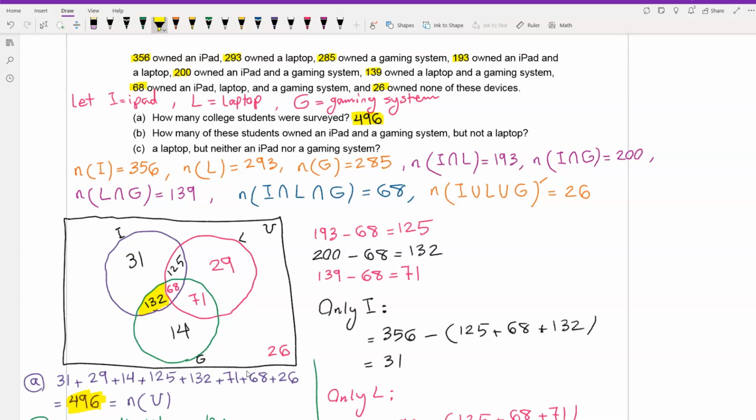Because if it was iPad and gaming system, the answer is 132 plus 68, but here it says not laptop. So we're not able to have this number, this 68. So only these two devices, I and G, that is 132.